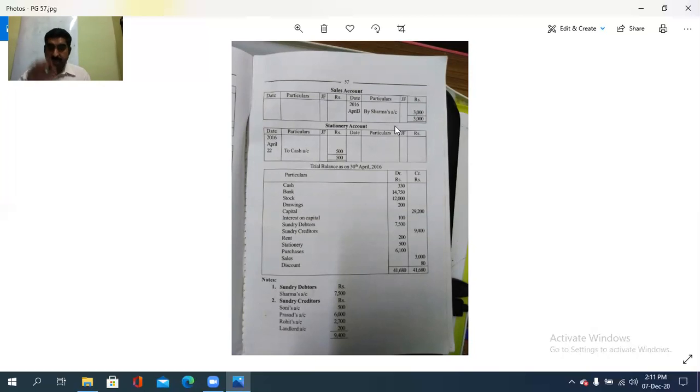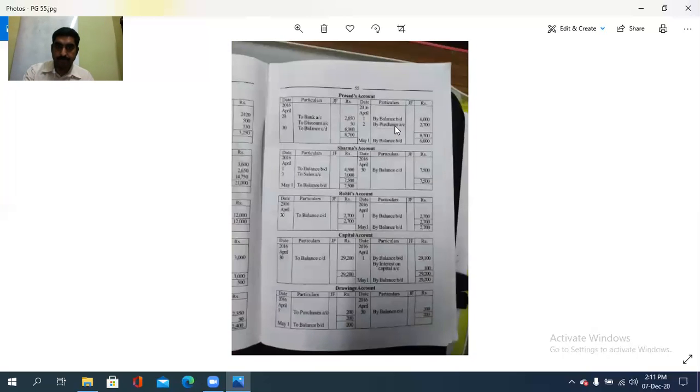Sundry debtors, taking the total of the debtors. Then sundry creditors. So who has the balances? Taking the total. Sharma, that is the debit side balance, isn't it? Whoever other than that has a credit side balance denotes a creditor.